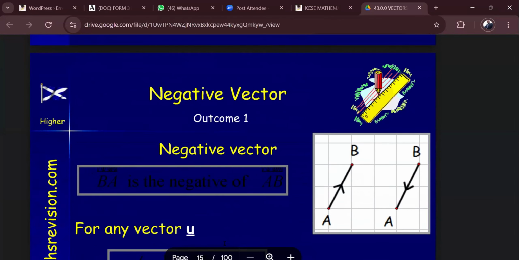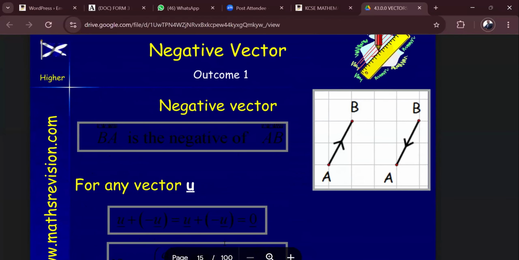Negative vector, the opposite. If I consider my AB as vector A, the opposite of that, BA, should be negative A. If I turn against what I had given, I have to put a negative.